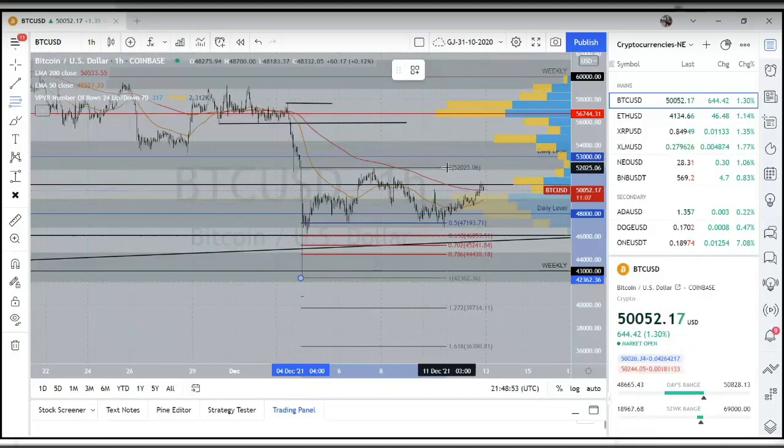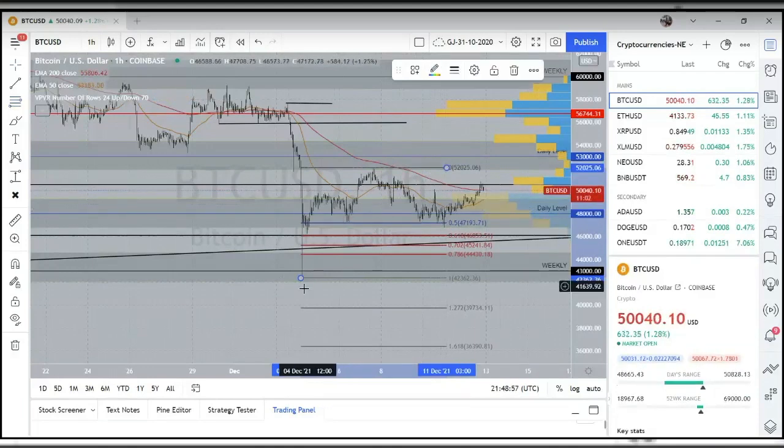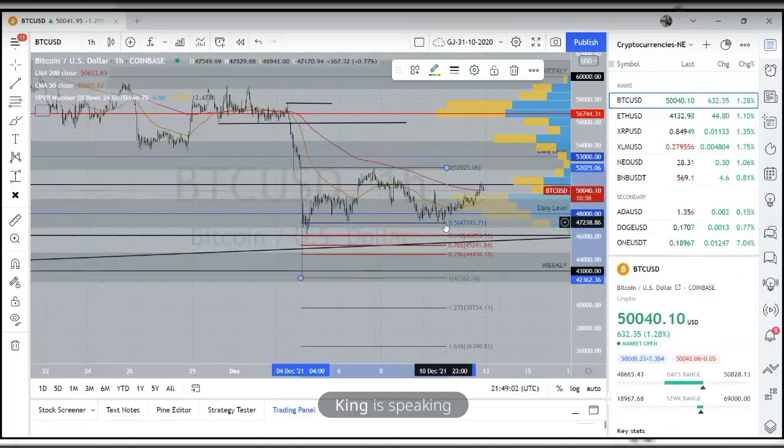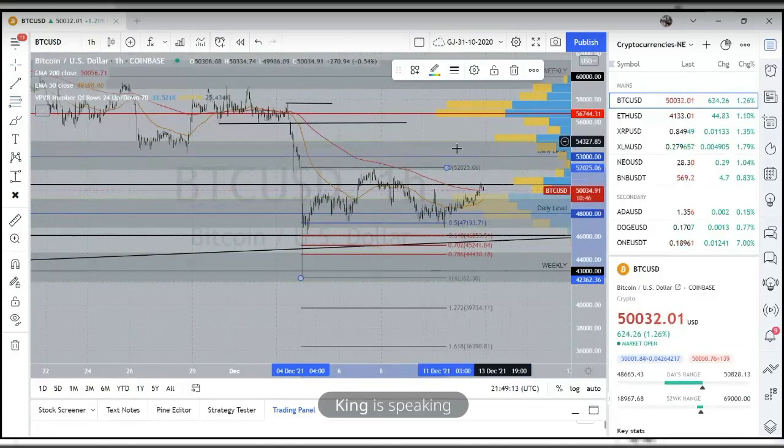So we've got price making the low, made the high, come back down to the 50 EMA, all around sort of this 48k support level, bounced off, and now we are trading above the 200 EMA.